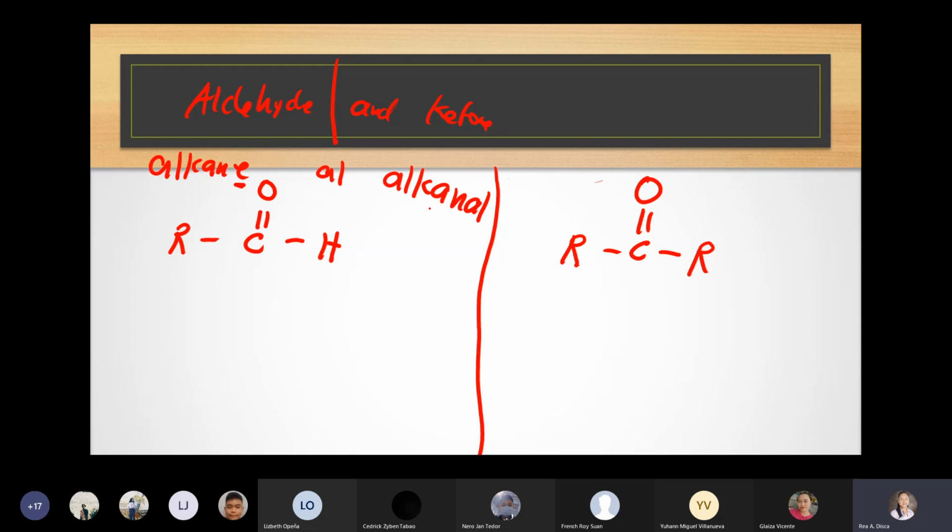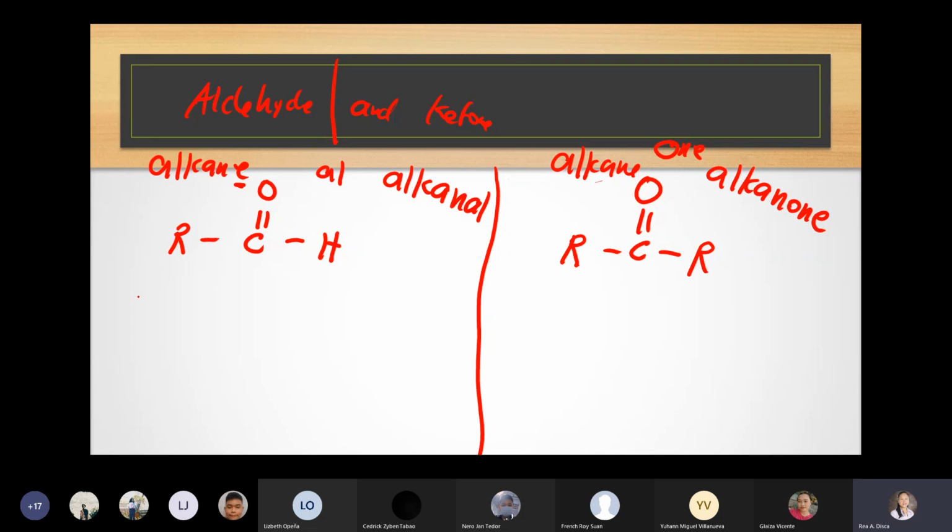In ketones, the suffix O-N-E is used. For example, we have alkane here, so it becomes alkanone. Got it? O-N-E, the E is replaced.